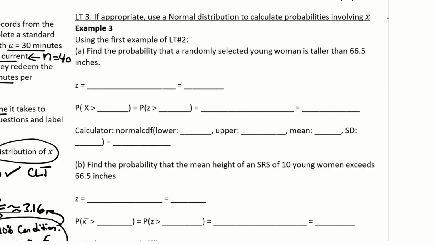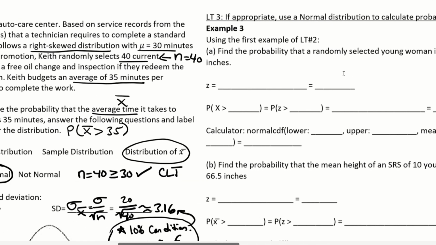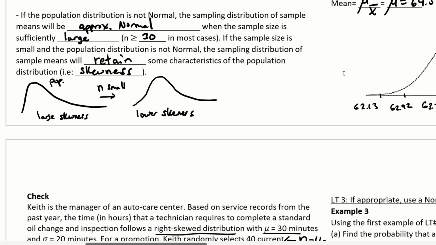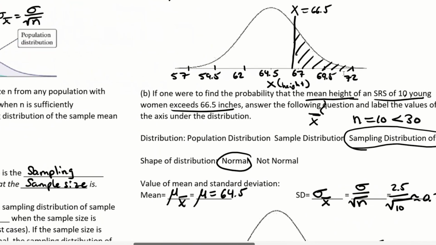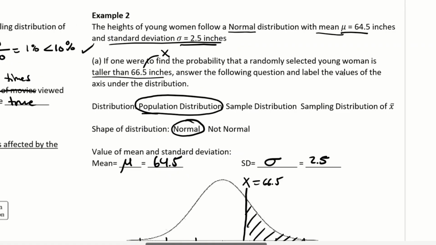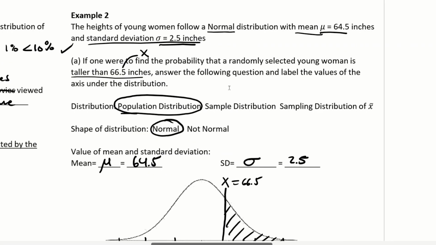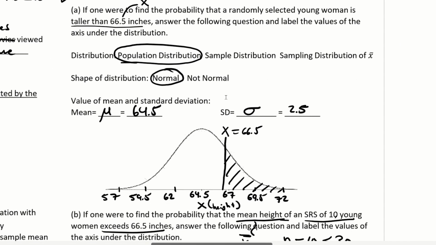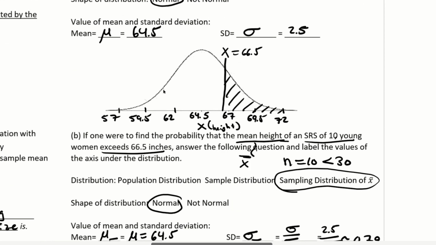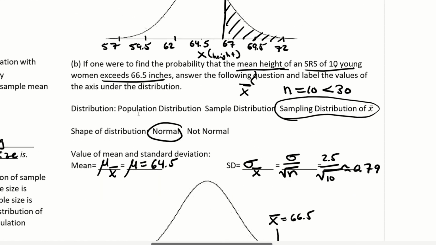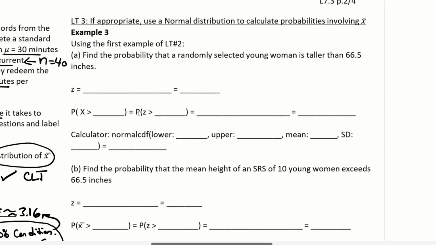First, let's recall what the example from learning target number 2 was. The heights of the young women. We've established that the shape of the distribution is normal, for part B, or was it for part B? Let me look at it.